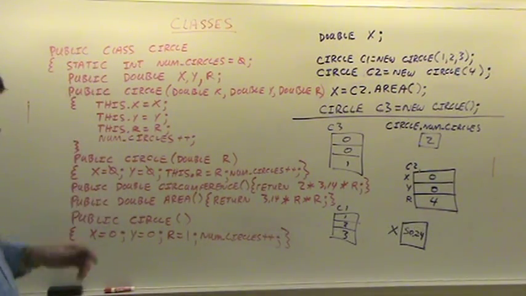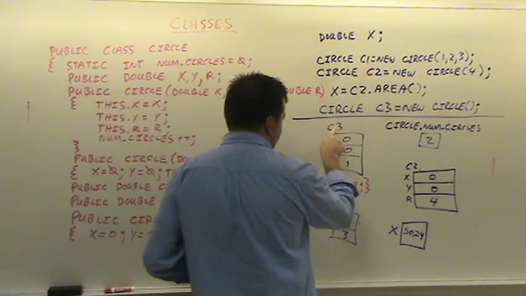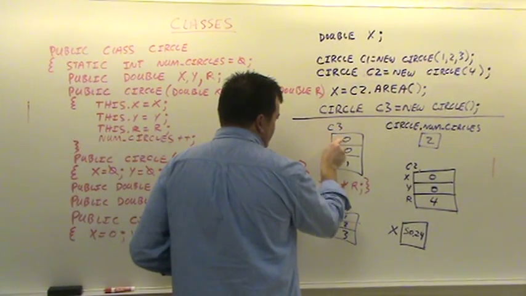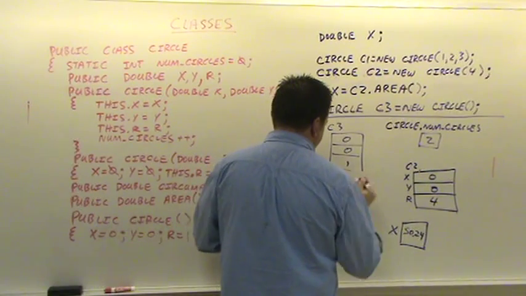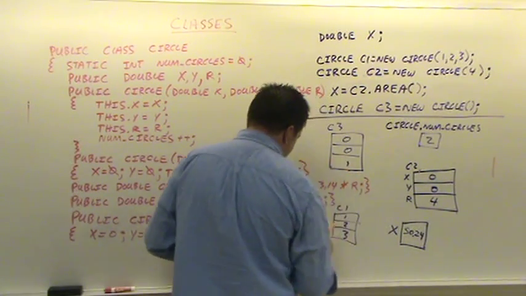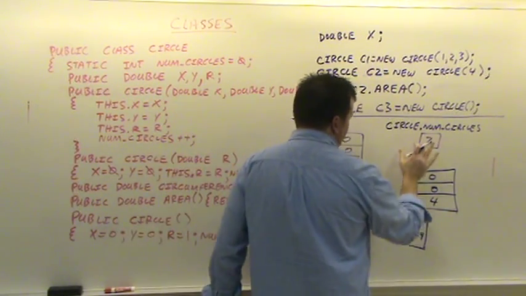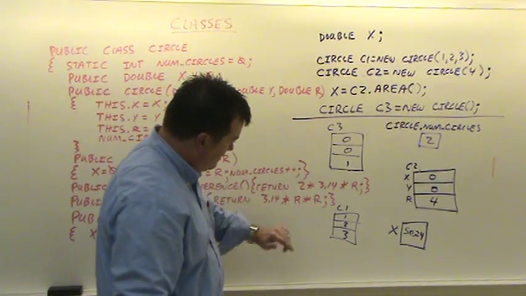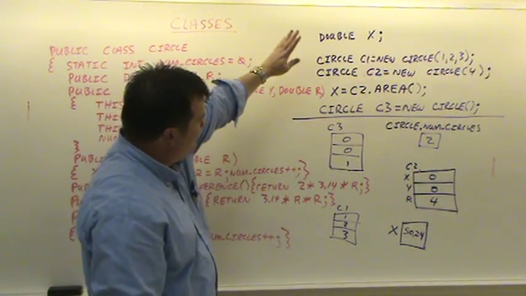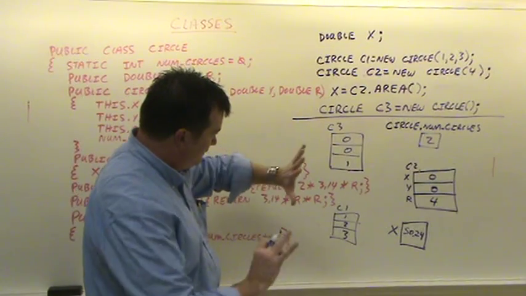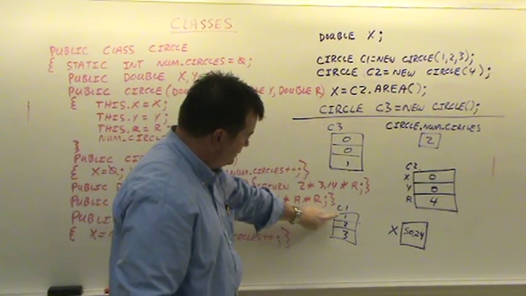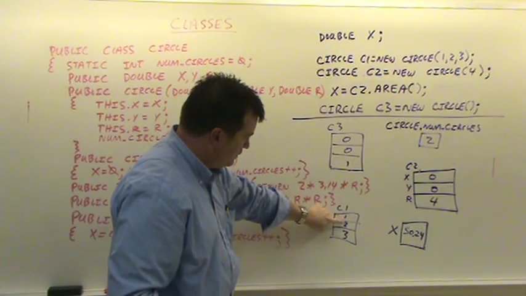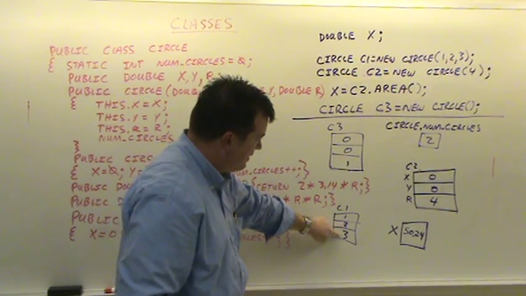Okay, so what would happen? We'd create a third piece of storage, put a 0, a 0, and a 1 here. Right? And so now this program that we're putting together has all our storage. We have C1, which has x value 1, y is 2, radius is 3.